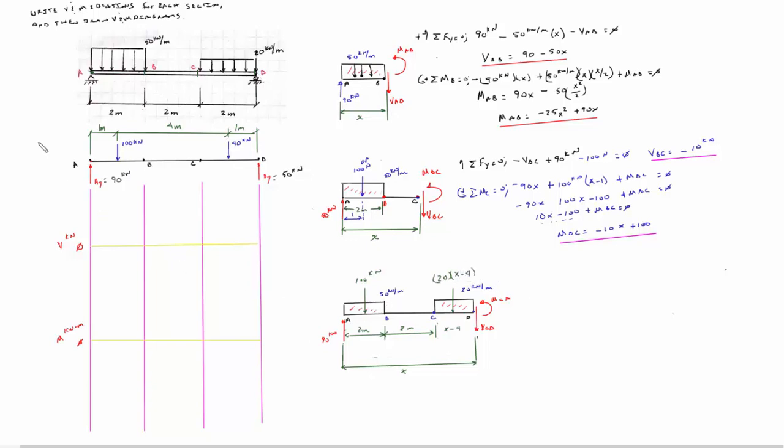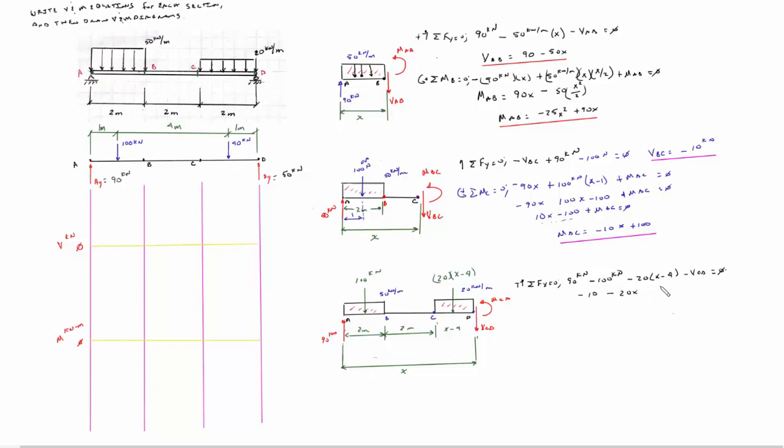So let's go ahead and sum our forces in the y direction. And we're going to have 90 kilonewtons, which is positive, minus 100 kilonewtons. And then here we also have a negative, so this is going to be a negative 20 times x minus 4 minus my shear from C to D is all equal to 0. So we know this is going to be negative 10. This here then, I'm going to subtract 20 times x.